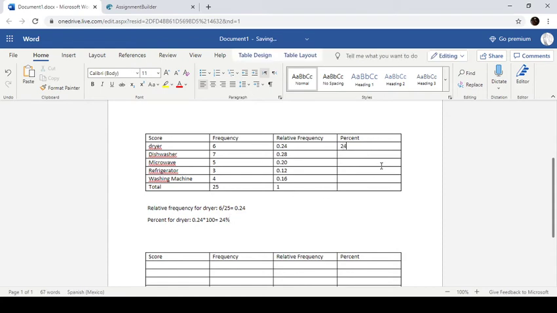So this one, again, 24%. Next one, we've got 0.28. Move that decimal twice to the right, we have 28. So it's 28%. Same thing for all of these.